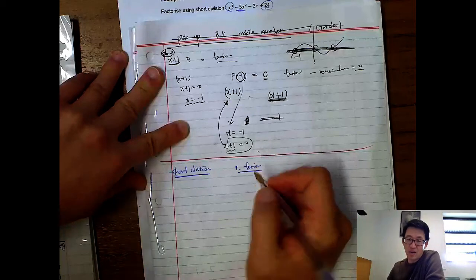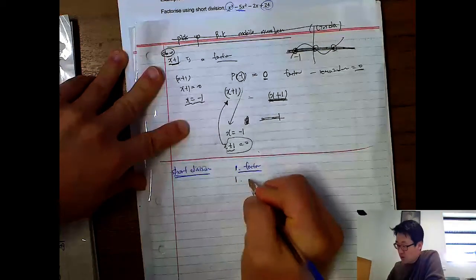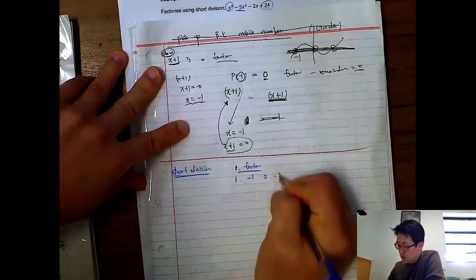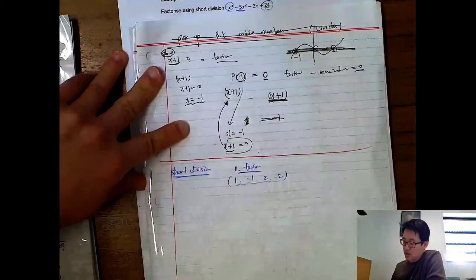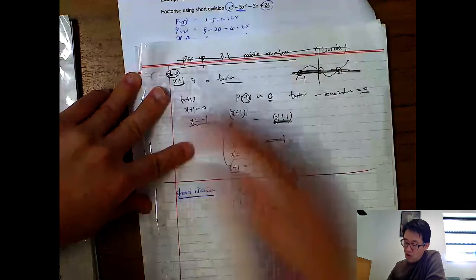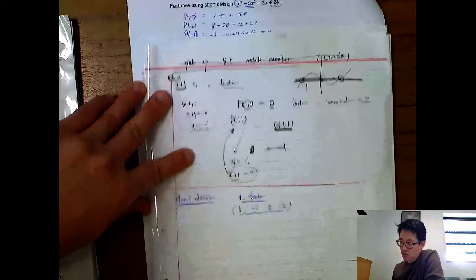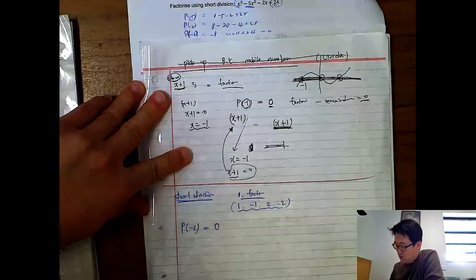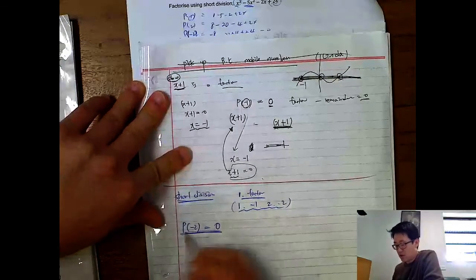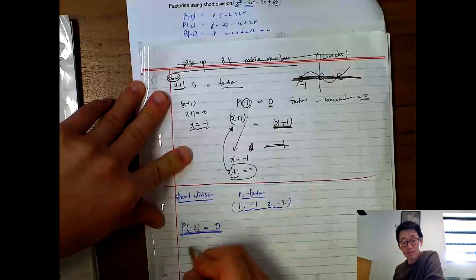Trial and error. We just put 1, minus 1, 2, minus 2, usually somewhere here. In this case, I put 1, 2, and minus 2. When I put minus 2, that was a 0. What does that mean?